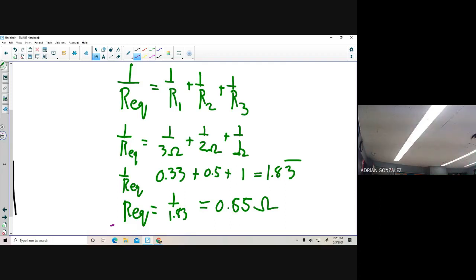The equivalent resistance in a parallel circuit must always be lower in magnitude than the smallest resistor in the circuit.